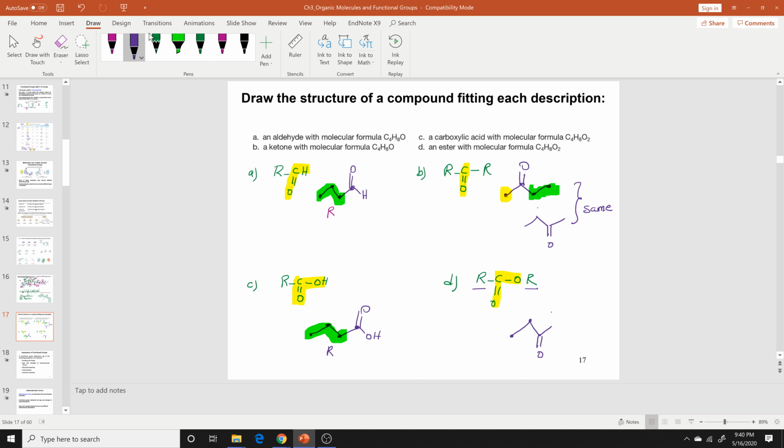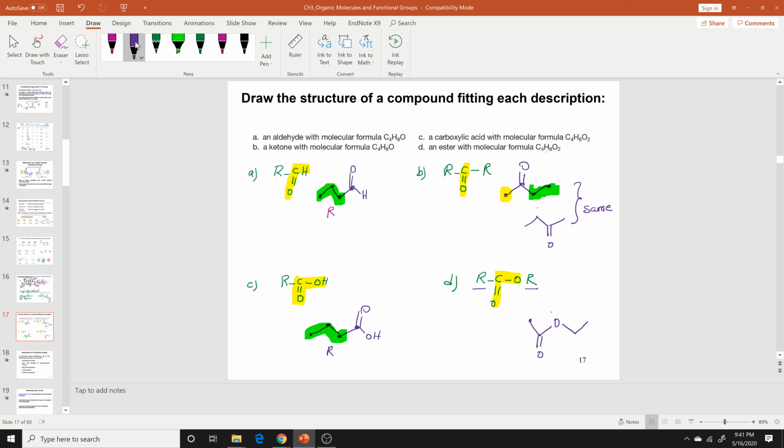This is going to be my 4. So that is going to be an O. Notice how many carbons did I use here? 1, 2, 3, and then I have another one over here. So this is basically my 4.